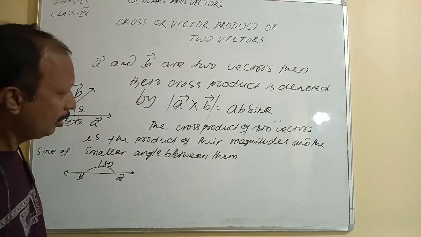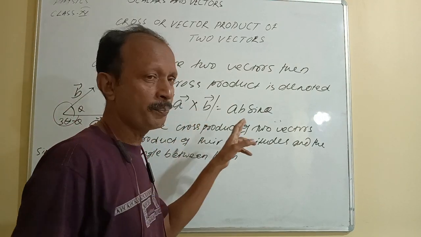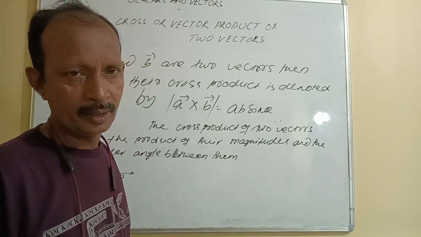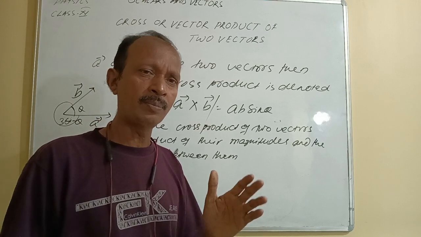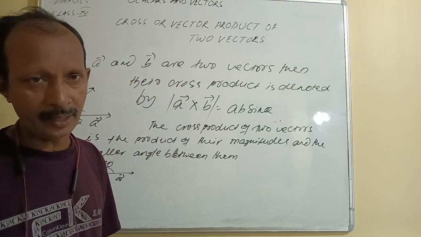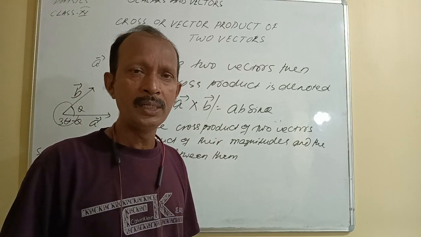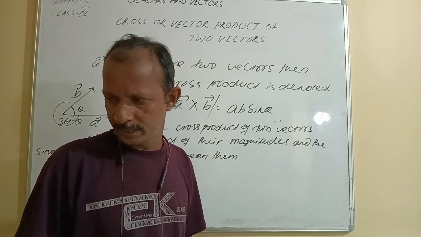This is about how to write the magnitude of the product of two vectors. What about the direction of the arrow mark or direction of the resultant vector? How to find the direction of the product vector?